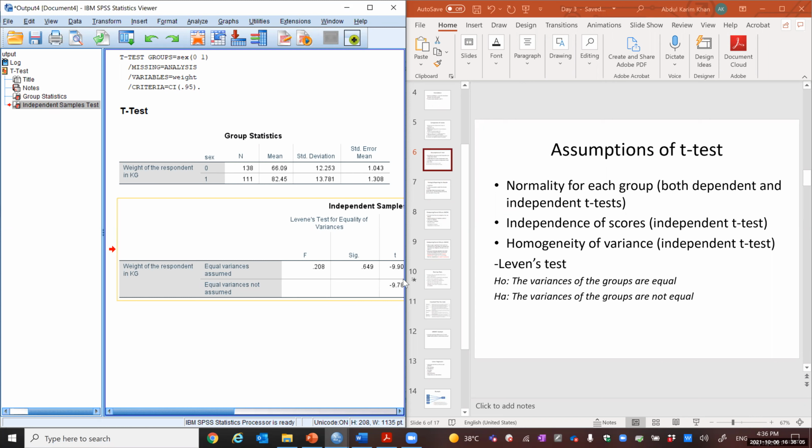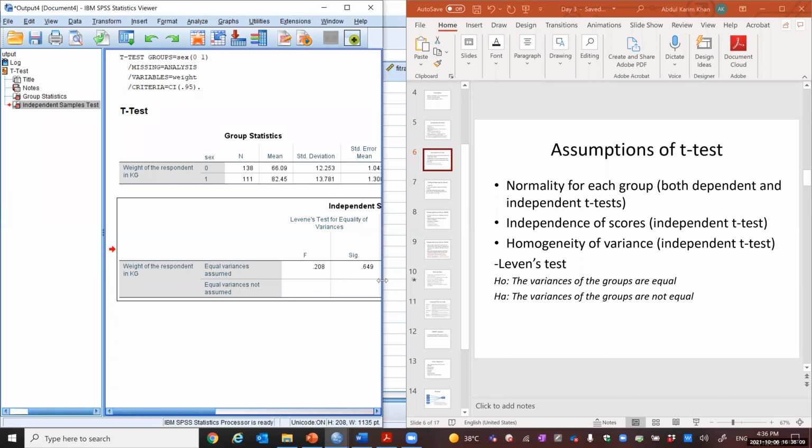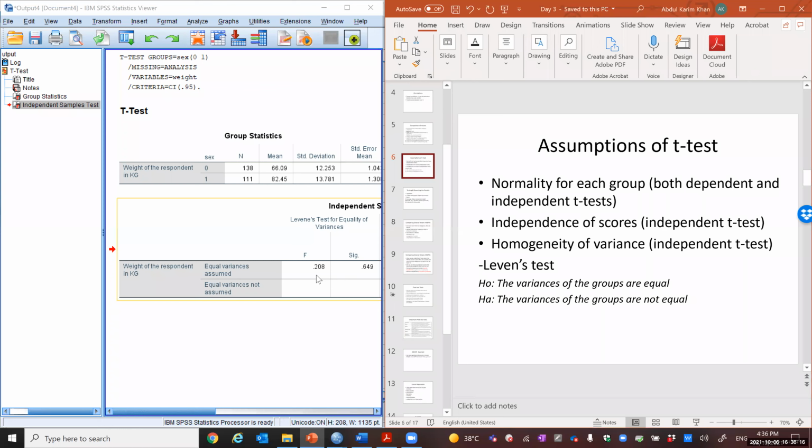And when I look at my Levene's test output, this is what I'm getting: F is 0.208 and the significance value is 0.649.